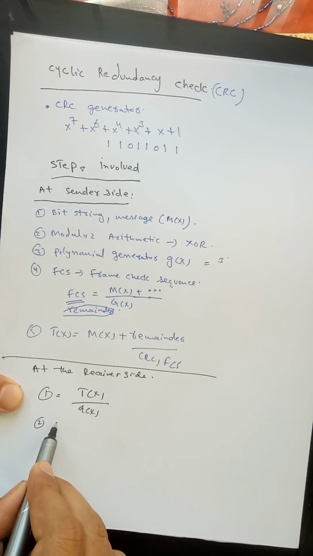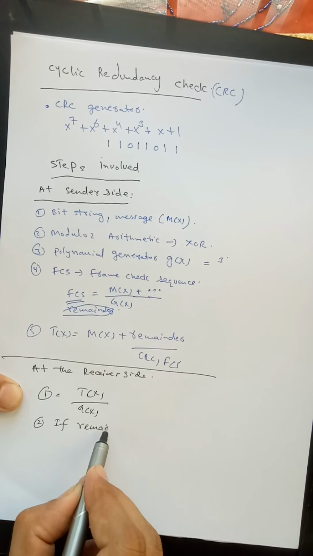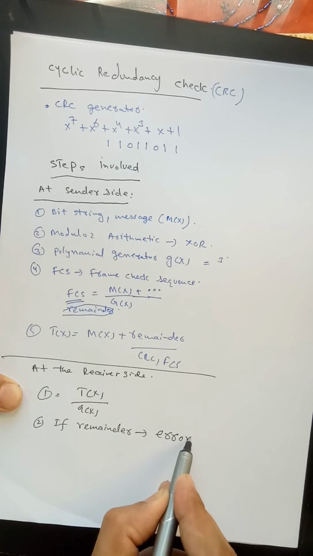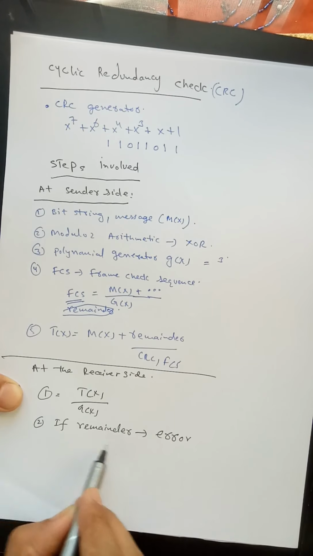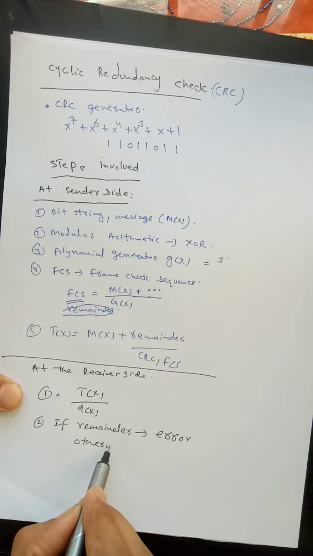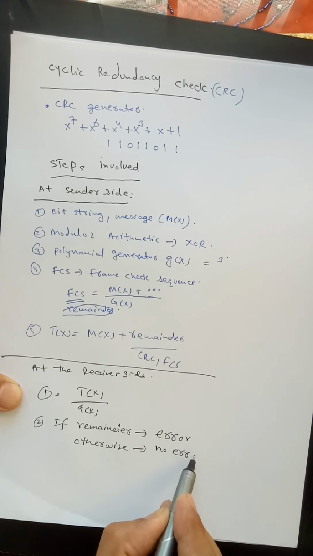Second step, if there is a remainder, it means there is an error. If no remainder, then no error. So we have two cases.